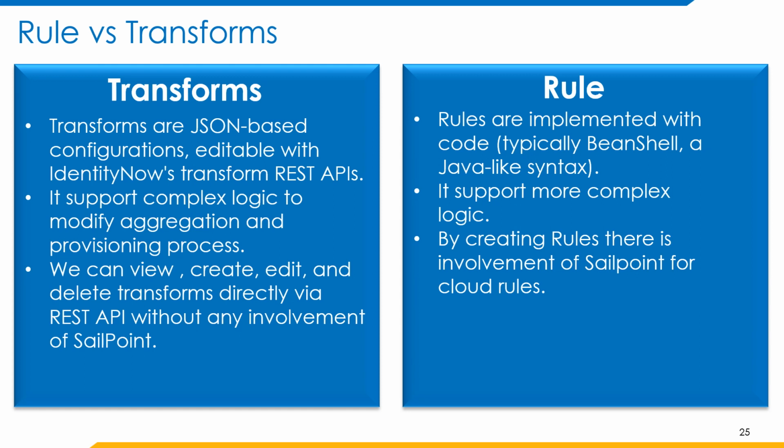Transforms can support complex logic to modify the aggregation and provisioning process. Rules support more complex logic. Coming to transforms, we can view, create, edit and delete transforms directly via REST APIs without any involvement of SailPoint. By creating rules, there is involvement of SailPoint for cloud rules.